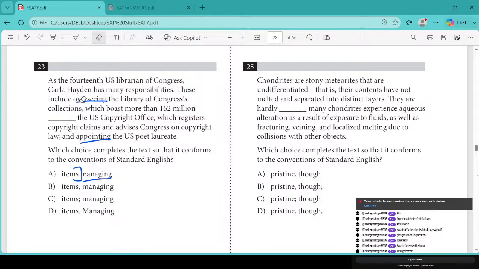So the answer would be C, because managing is the start of a new item in the list. If you remove the appositive phrase, let me just do that for you guys.